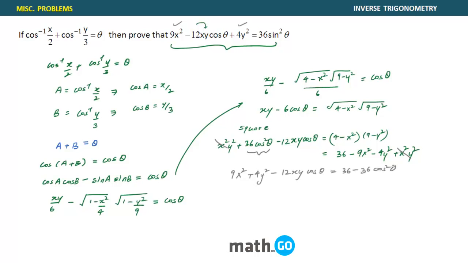And now you can see your question is solved. Why? Because this becomes 36 sin square theta, and I can say now hence proved. So this is how these types of questions are solved, where you are given cos inverse something, or this could have been sine inverse. You just assume them as angle A and angle B, and then start solving as a normal algebraic or trigonometric problem.